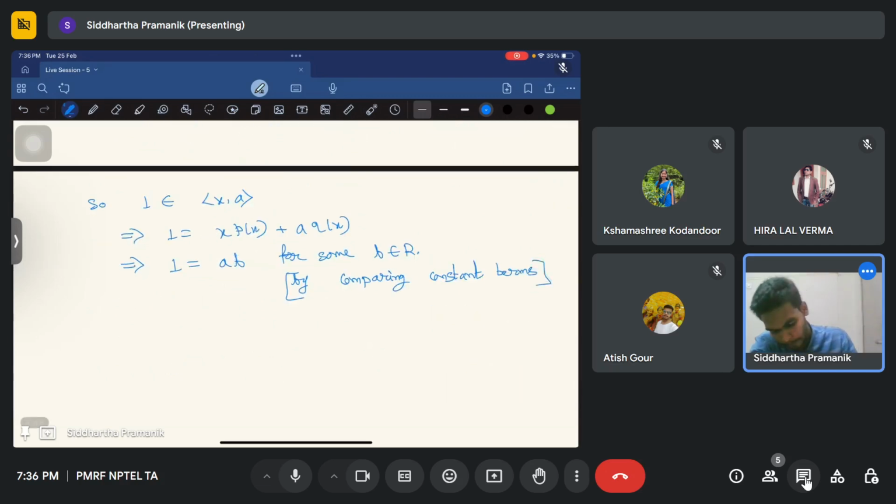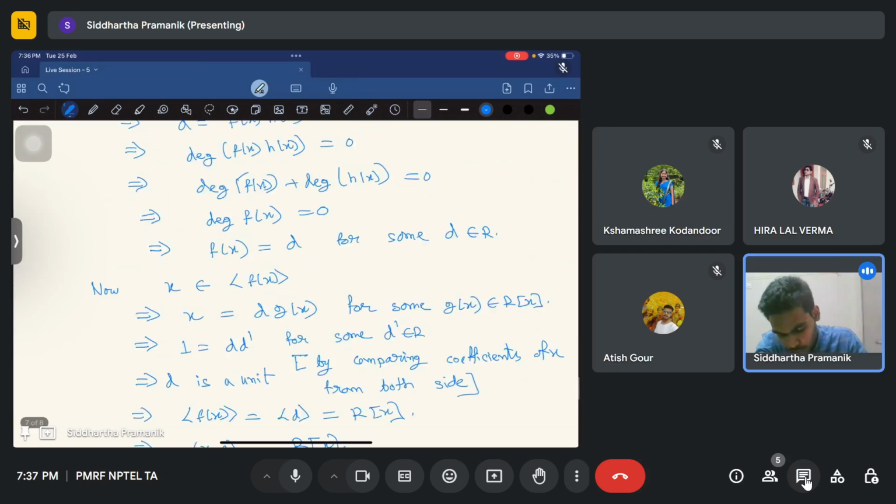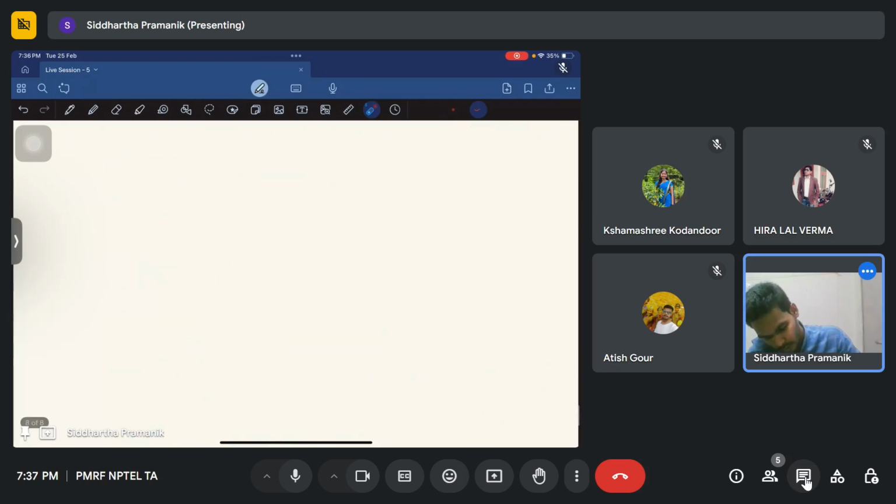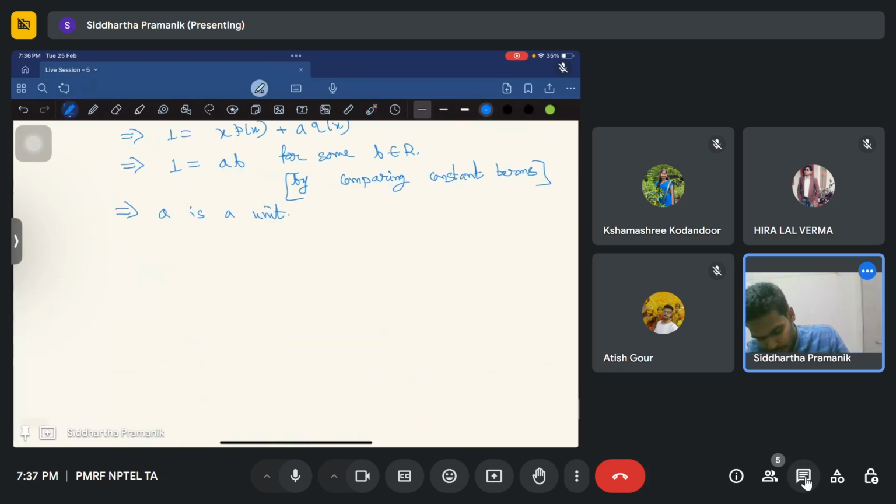Okay, so 1 equals ab. So that means a is a unit, and that is exactly what we wanted to prove. So we started with a non-zero element in R and we have proved a is a unit. Thus R is a field.